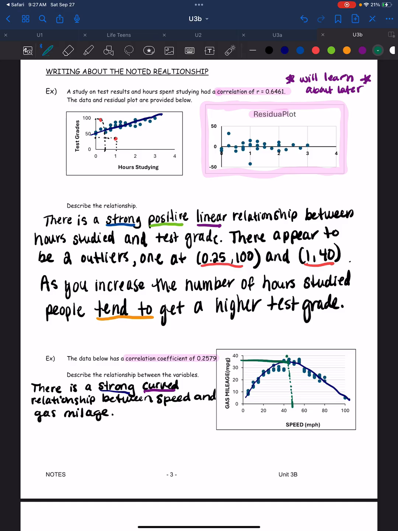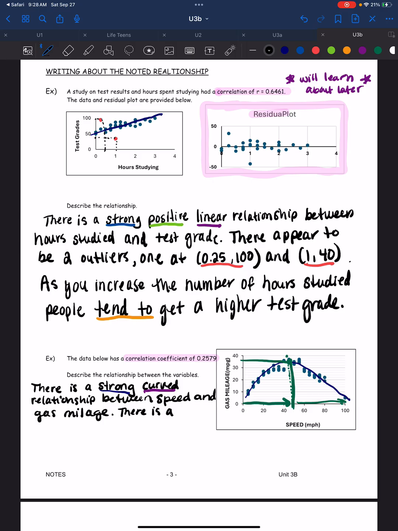Kind of looks to me that the relationship looks like as the speed increases up to like 50 miles per hour, the gas mileage also increases. But then after that, as you speed up past 50 miles per hour, it appears that the gas mileage decreases.